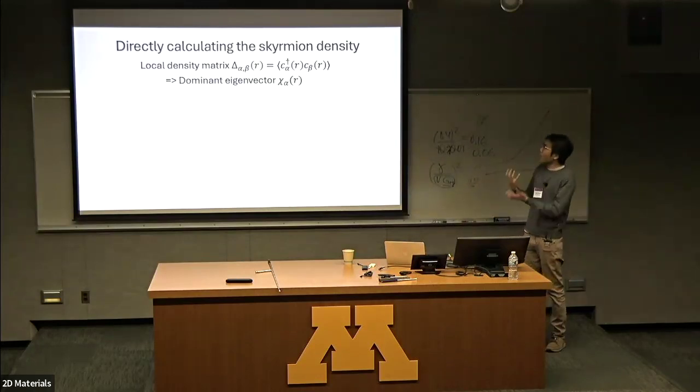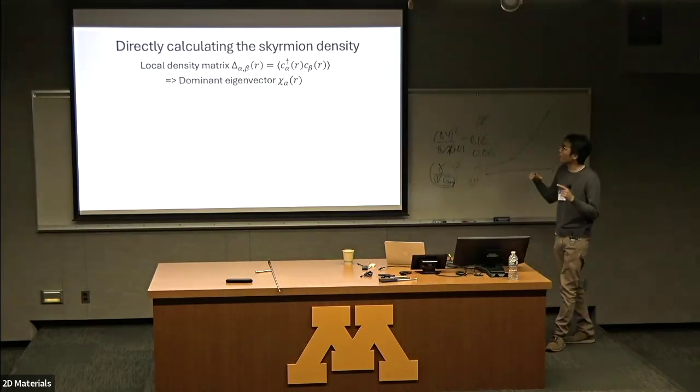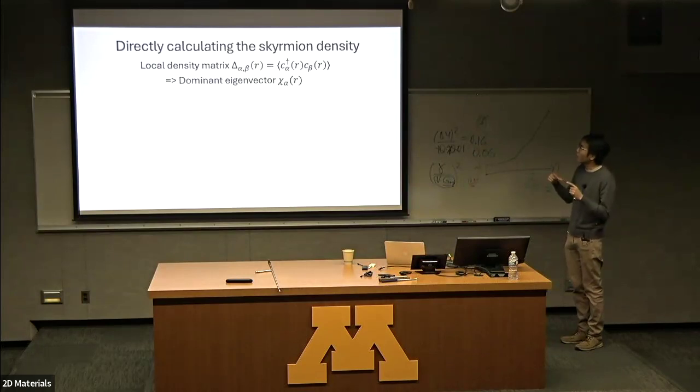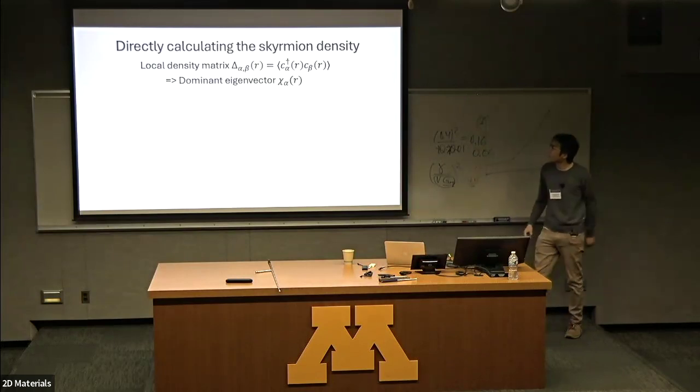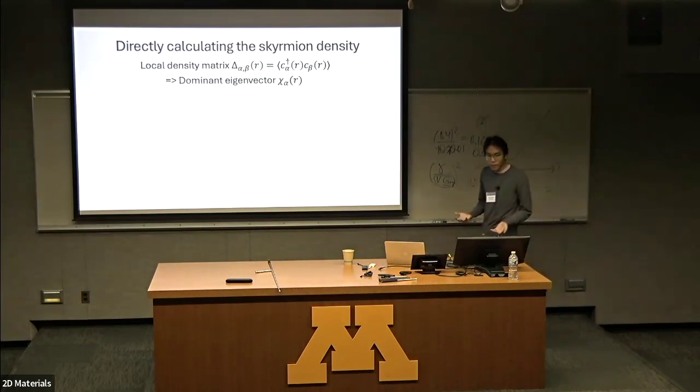So from the Hartree-Fock ground state, what we can do is calculate this local density matrix indexed by all the sublattice and layer degrees of freedom. And this density matrix will have some eigenvalues. And it turns out there's always a biggest eigenvalue.